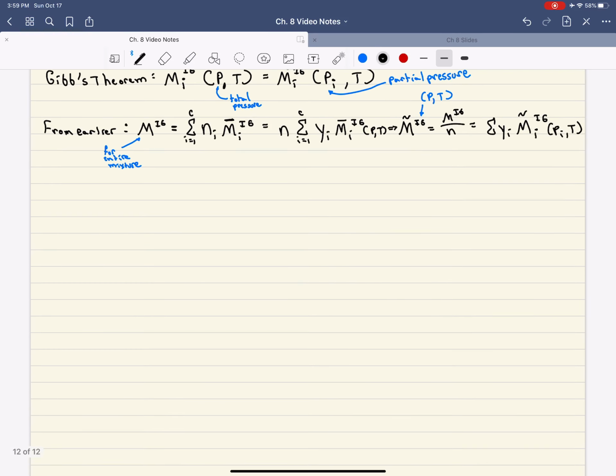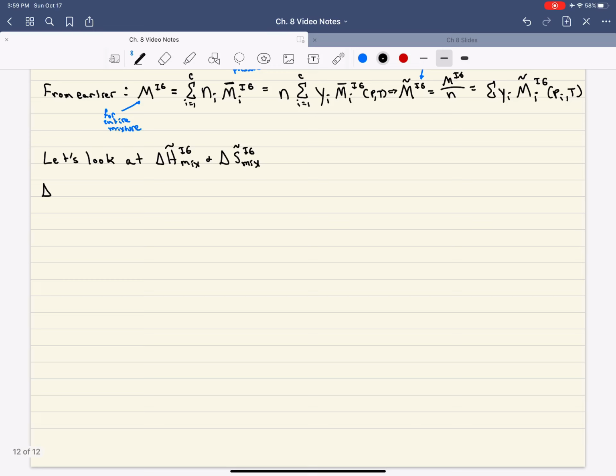But to get a better sense of what these mean or why they're useful, let's look at some specific molar properties for enthalpy and entropy. Okay. All right.